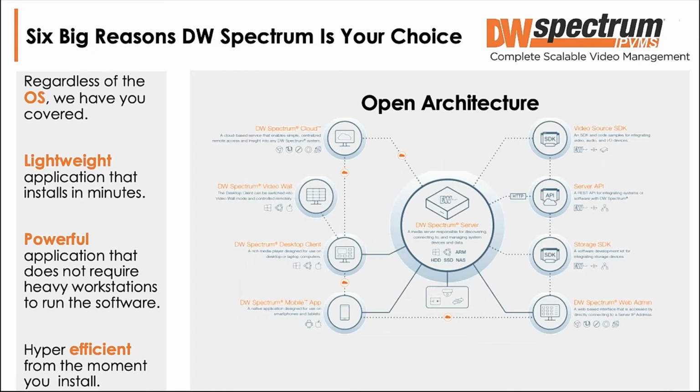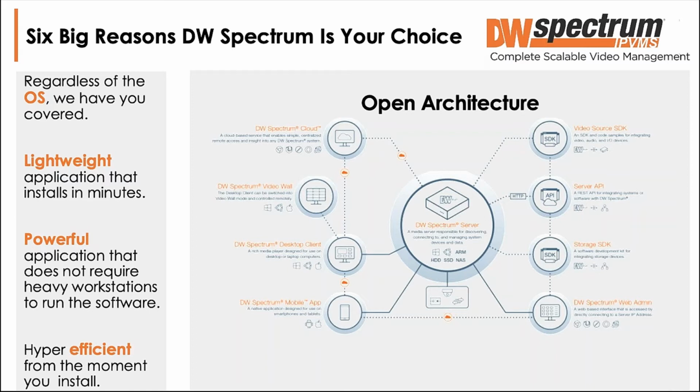Another big reason to choose DW Spectrum is its open architecture. It starts with the operating system. Regardless of your OS, we've got you covered. So we support Windows, Linux, Mac, iOS, and Android. The application itself is very lightweight. It installs in minutes. It's up and running. It's a powerful application. It does not require heavy workstations to run.